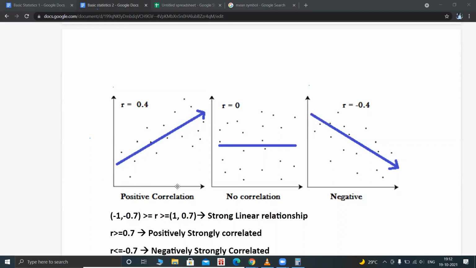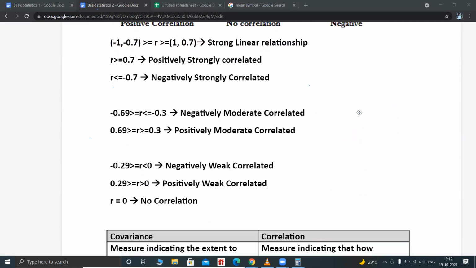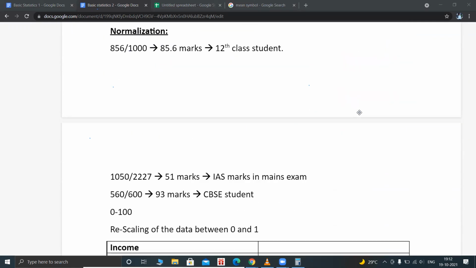If I keep increasing my x values, y values get increased. So if there is no correlation, the correlation factor will be 0, right? If it is negative correlation, you will get a negative value, in the minus form. Is it clear, guys, everyone?